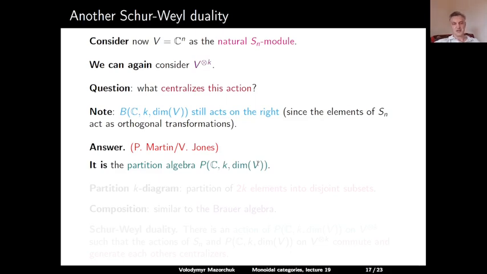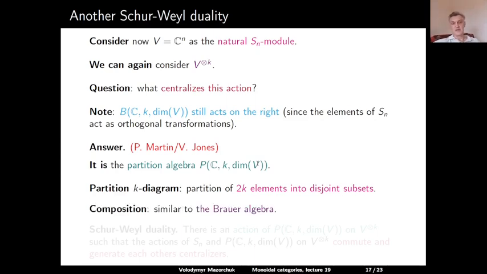So what is a partition algebra? We define Brauer algebra using Brauer diagrams for k, and partition algebra is similarly defined using partition diagrams for k. So Brauer diagrams where we have two k bullets and we divide them into pairs. Partition diagrams, we have two k bullets and we divide them into disjoint subsets of arbitrary size.